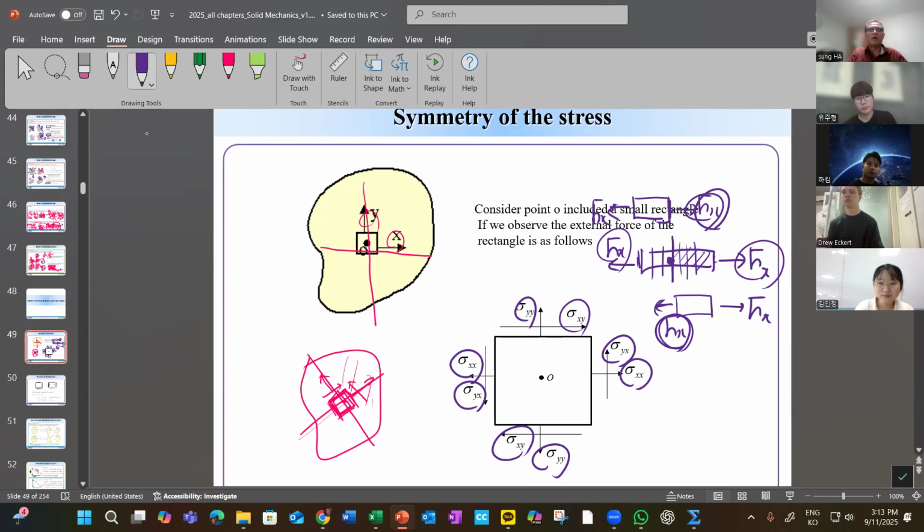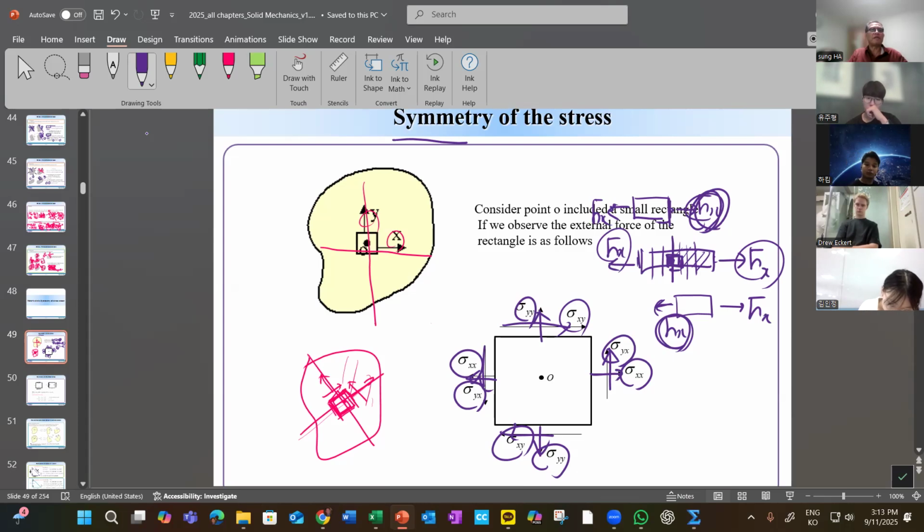So rather than just one point, we define a small rectangle, and then here we represent this, and this, and this, and that. And also, as we notice, there will be some shear stress and things like that. Now, the subject we'd like to study is the symmetry of the stress.